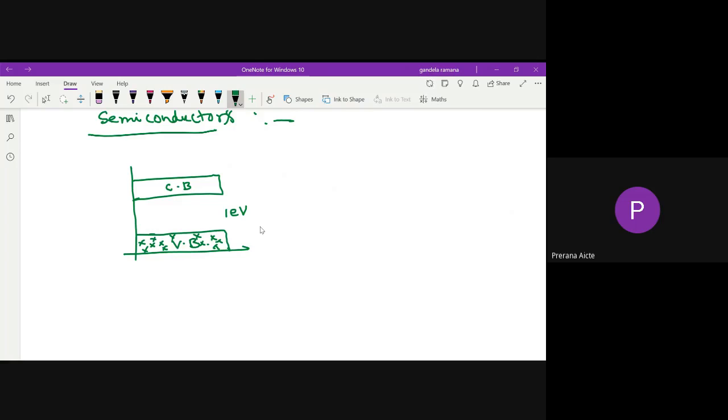When we give some energy, this electron will jump from here to here. When it comes to the conduction band, that electron is called a free electron, and a hole will be created in the valency band.